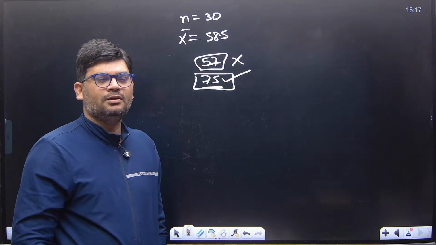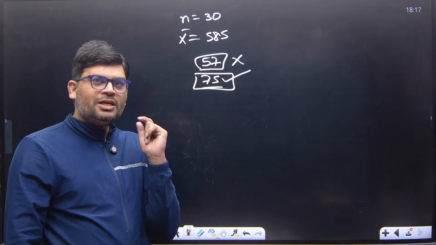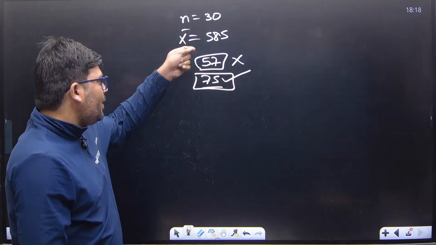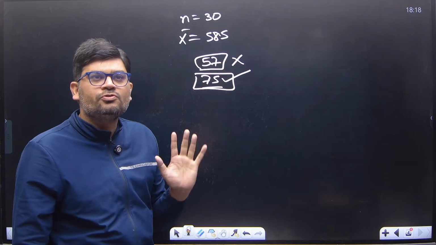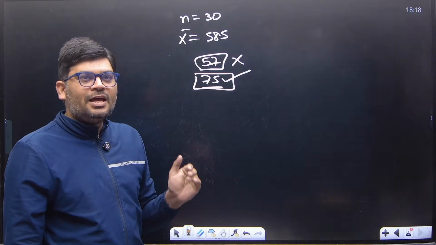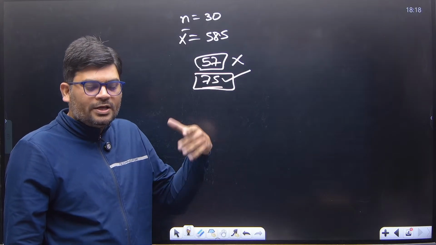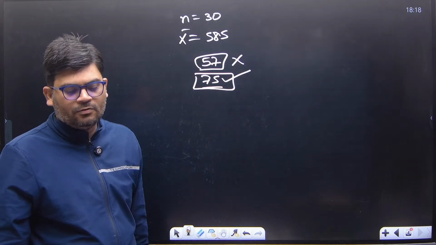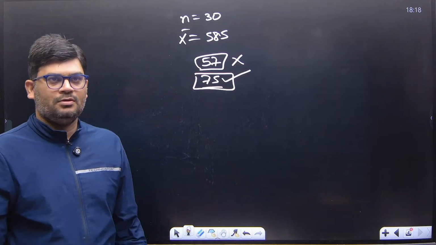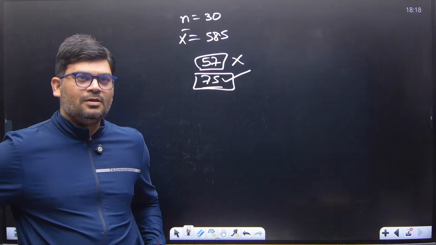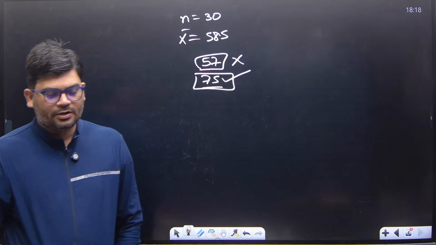You have to think whether, if I add the original number, the mean will increase or decrease. This is the first question you should ask yourself. And then what is the new mean? The question is, find the correct mean. Are you getting it? Okay, do it.